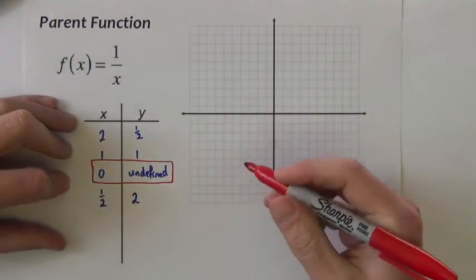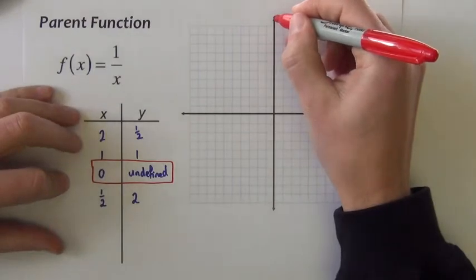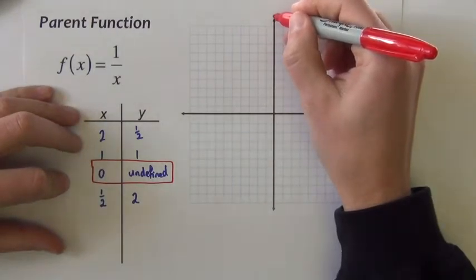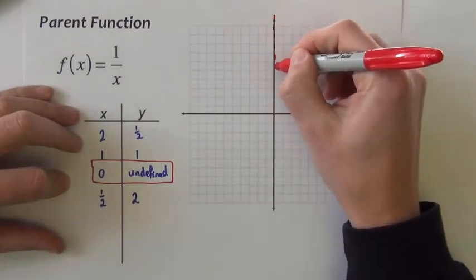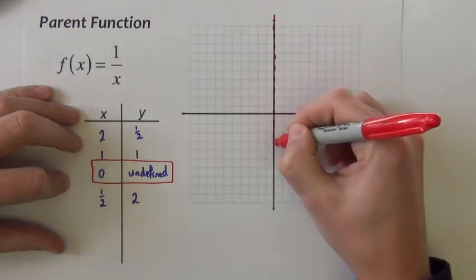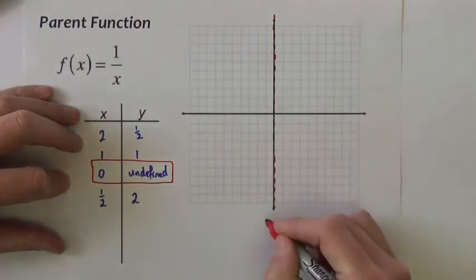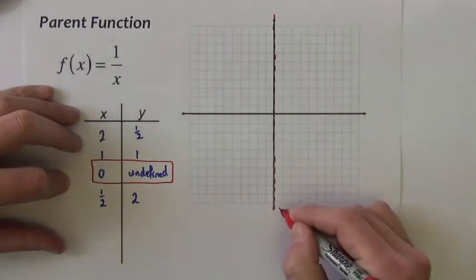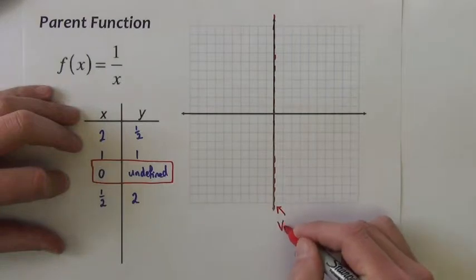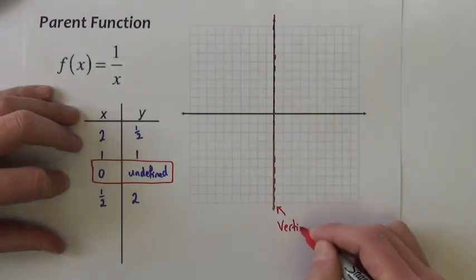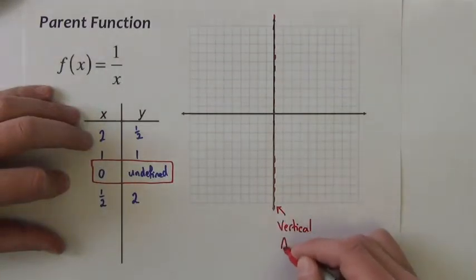Wherever our function is undefined, I'm going to indicate that by sketching a dotted line at that value. This dotted line, and it's hard to see on this graph because it's right on top of the y-axis, has a name. It's called a vertical asymptote.